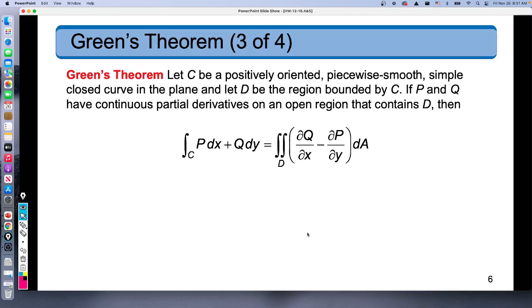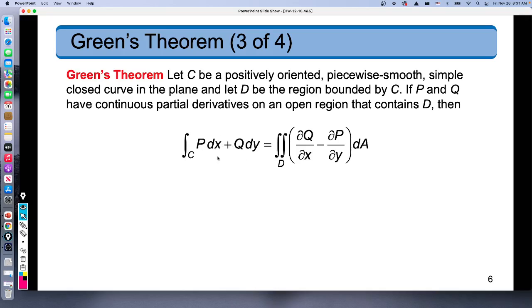So Green's theorem basically just tells us, we were working with these earlier, when we integrate some function P dx plus another function Q dy, that is equal to the double integral over the region D of the partial of Q with respect to x, minus the partial with respect to y of P. So whatever function is in front of the dx, we take its partial derivative with respect to y.